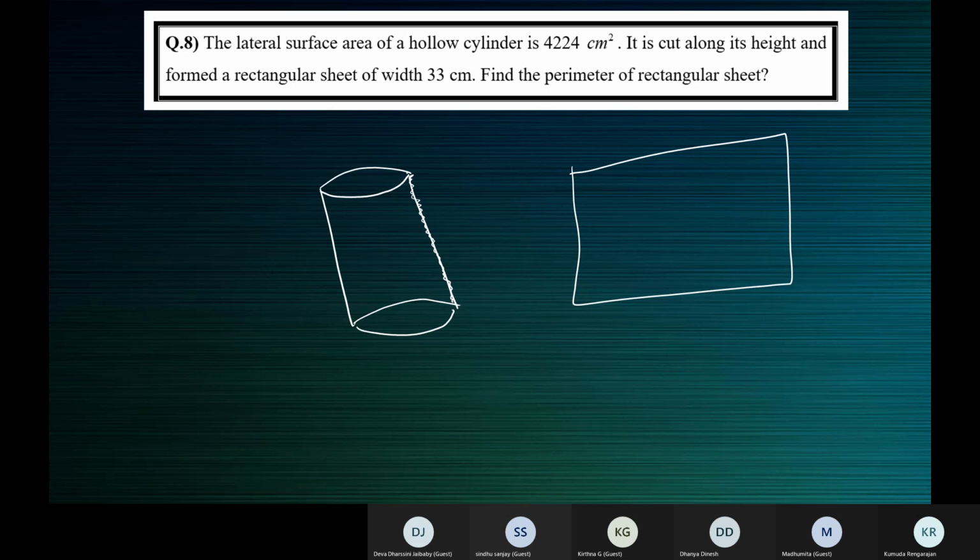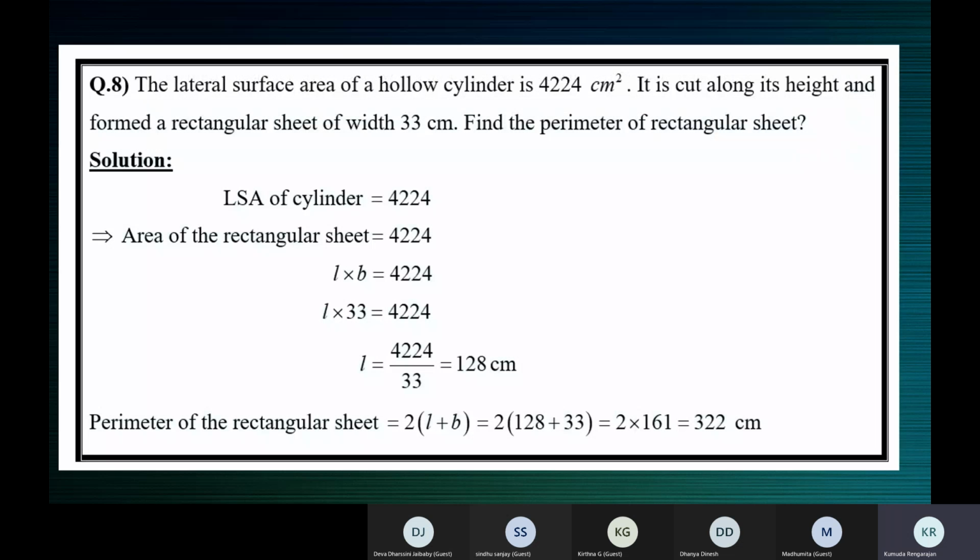Okay, so the width is 33 centimeters. You should find the perimeter of the rectangular sheet.